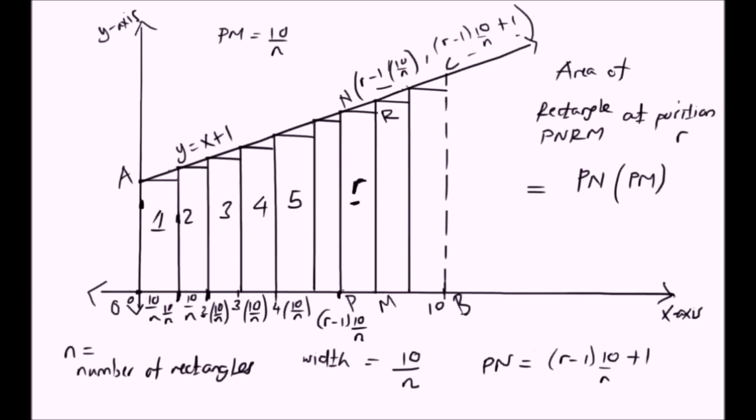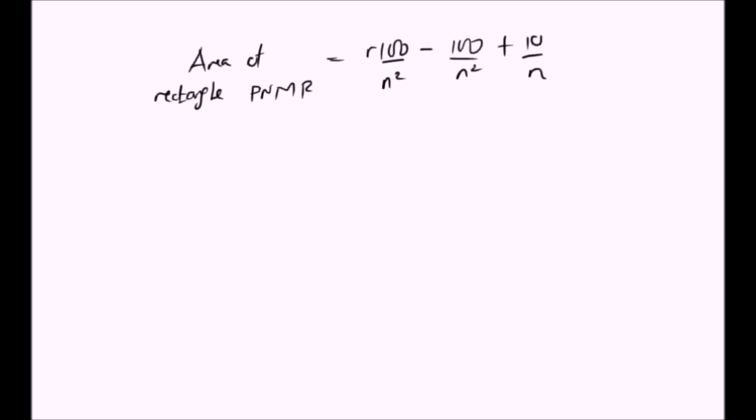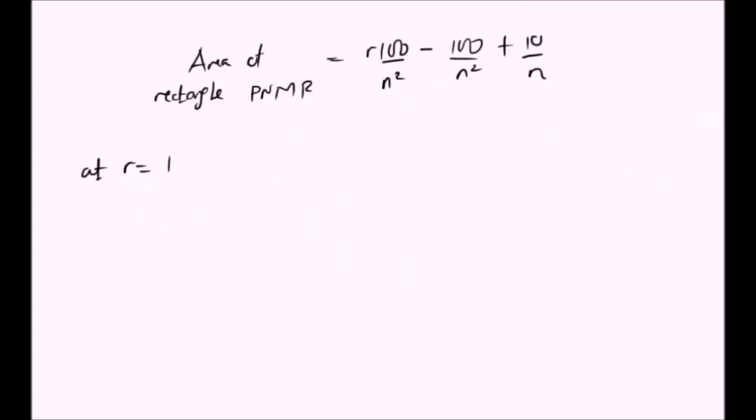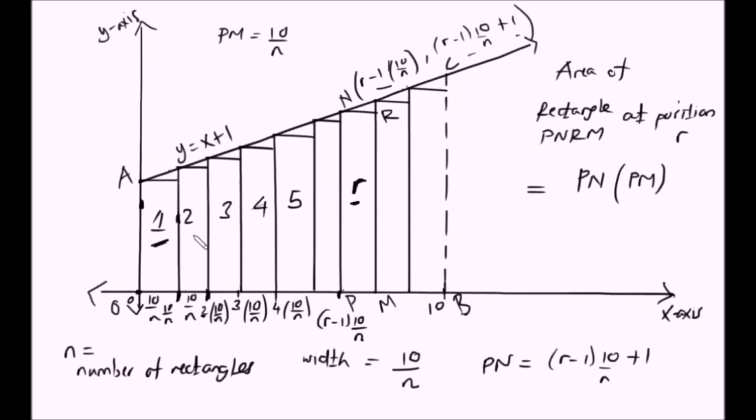Why? Here if I say R is equal to 1, I am talking about the very first rectangle, this one here. If I put 1 in R here and 100 over n squared, that R's position means it will be the area of the first rectangle, A1. So this now is the area of this rectangle here, the first one. Remember, R is the position of the rectangle.